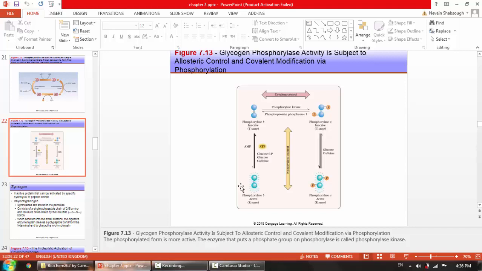So the net result is that the A form is more abundant and active when phosphorylase is needed to break down glycogen to provide energy. But generally speaking, we cannot predict whether phosphorylation will increase or decrease the activity of an enzyme.